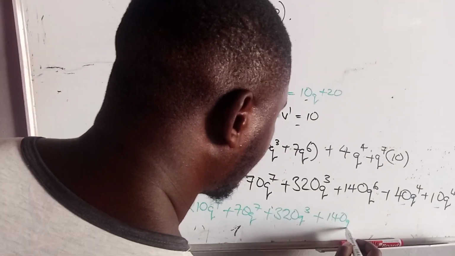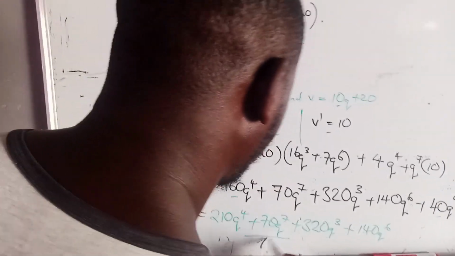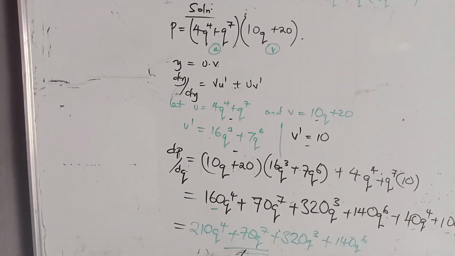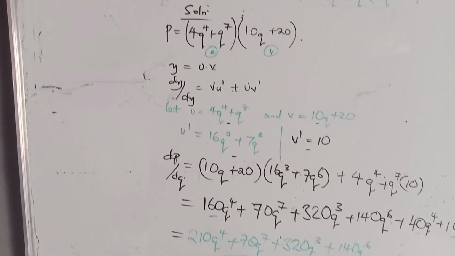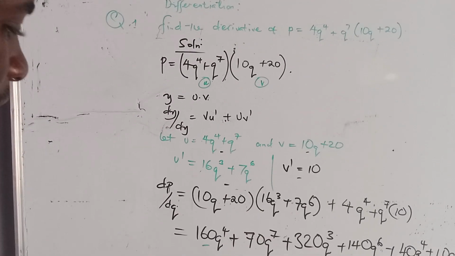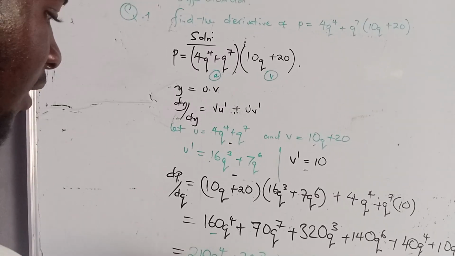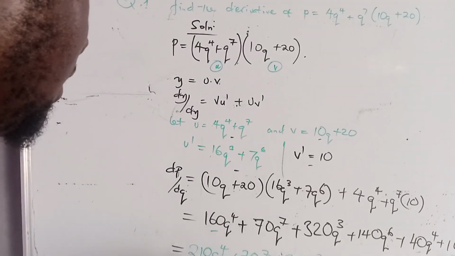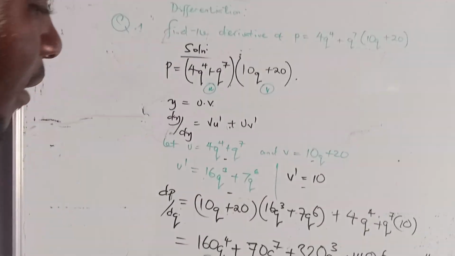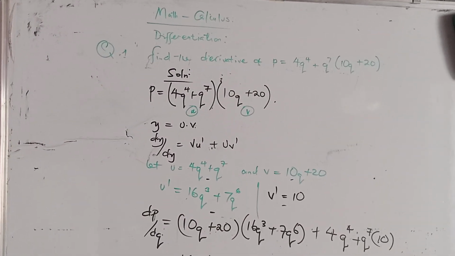Then this becomes your final answer. These things are very simple, just make sure that you follow the steps and that you pair and simplify. If you want, you can put the powers in ascending order, so you're writing it technically correct.